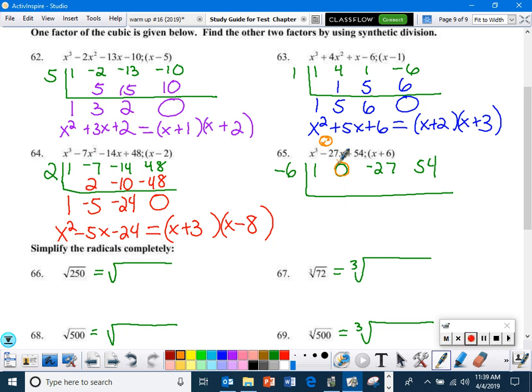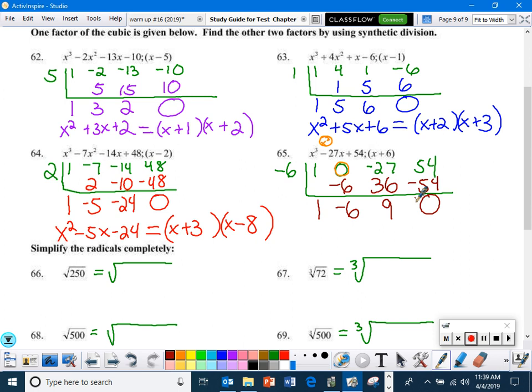All right, here we go. Multiply, add. Multiply, add. Multiply, add. And again, we ended up with a 0.